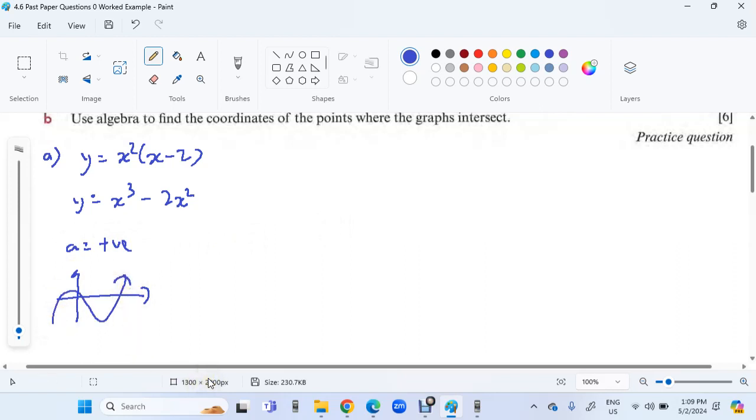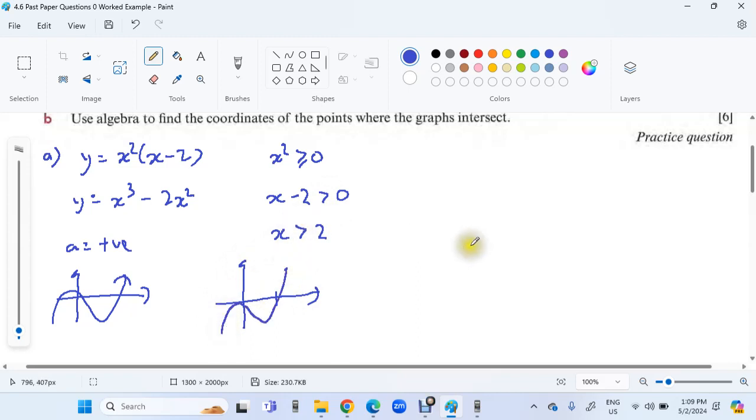We know that x squared is always greater than or equal to 0, and x minus 2 is greater than 0 when x is greater than 2. So 2 is here, and only after 2 will it become positive, so the shape will be something like this.